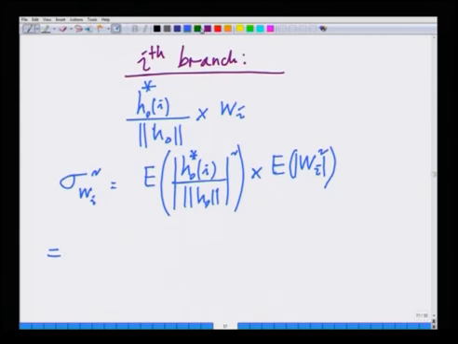Because the expression is slightly tricky, the magnitude of h_0 conjugate i is nothing but the magnitude of h_0i. This is nothing but magnitude h_0i square divided by magnitude h_0 square.